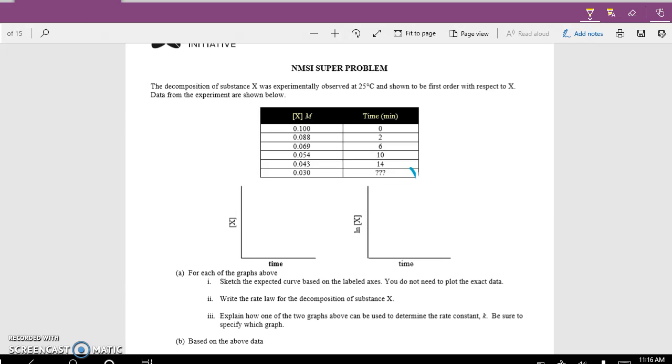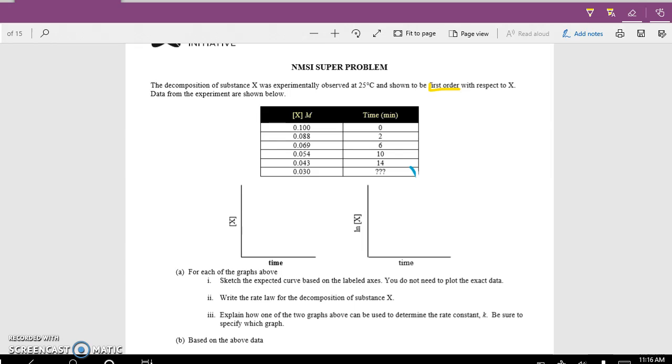The decomposition of substance X was experimentally observed at 25 degrees Celsius and shown to be first order with respect to X. The first thing that should trigger something in your brain is that it's stated that it's first order.